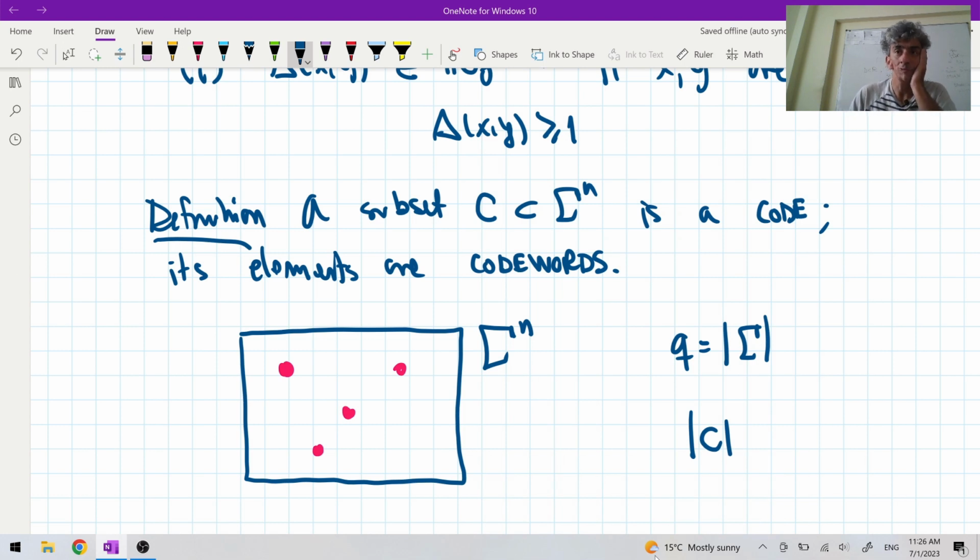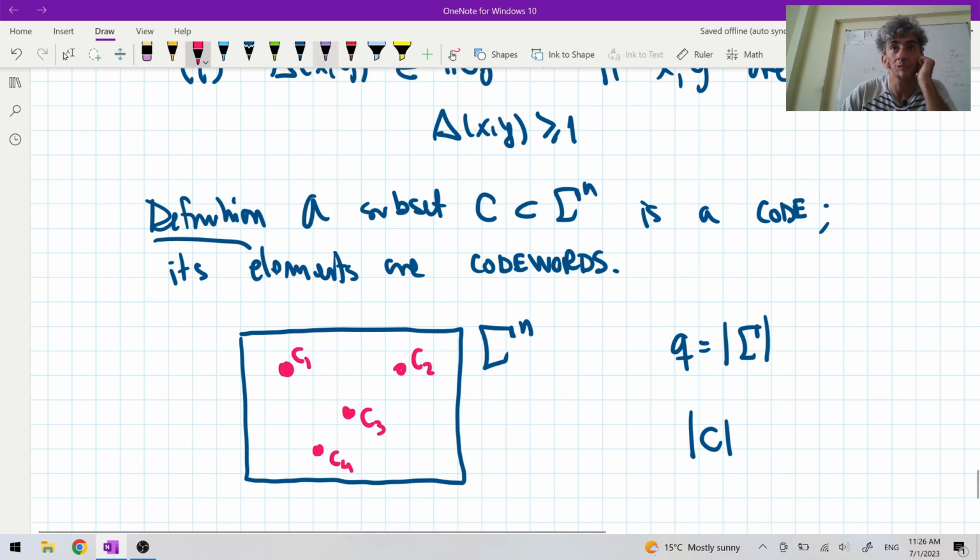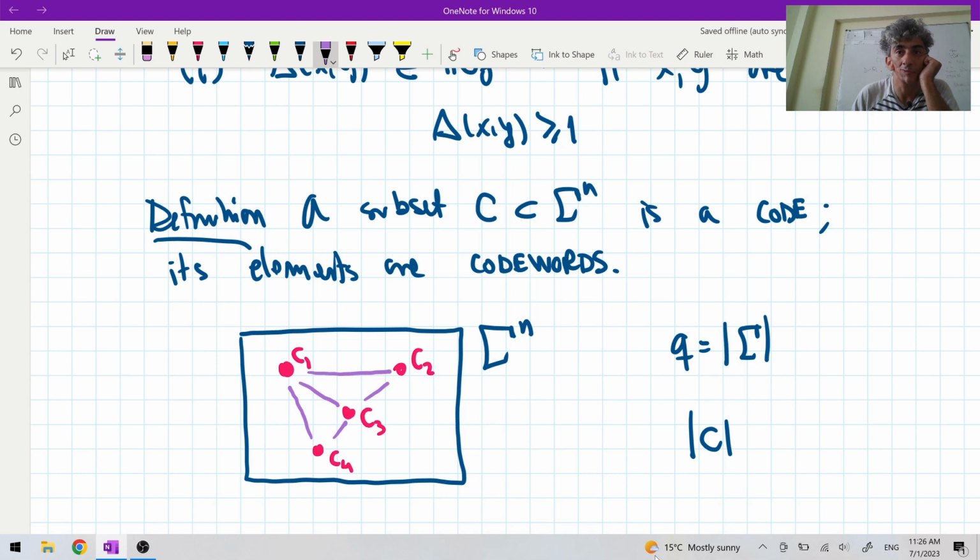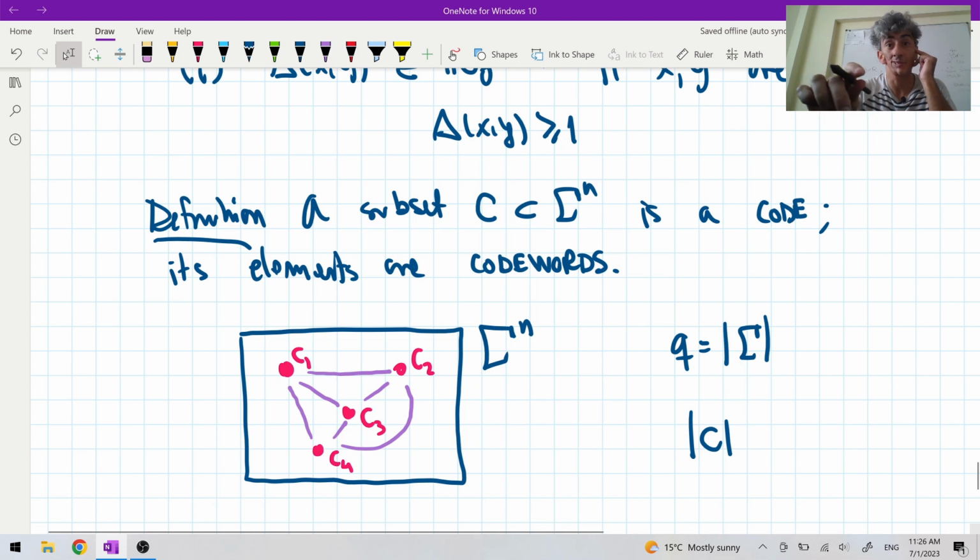One thing that we can define is the minimum distance of a code. That is, if we have this code, say with C1, C2, C3, and C4, what we can do is measure the distance between every pair of its elements and then take the minimum. This is well defined since C is finite.